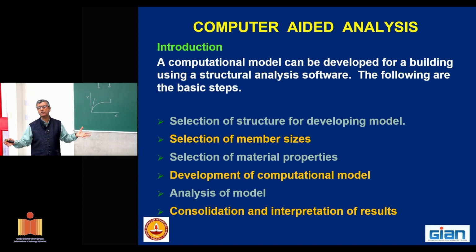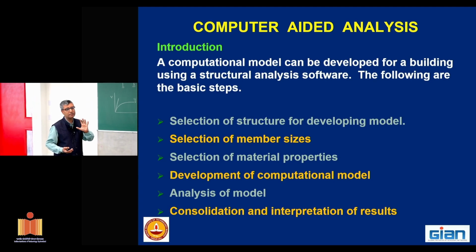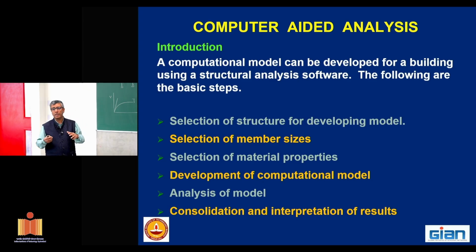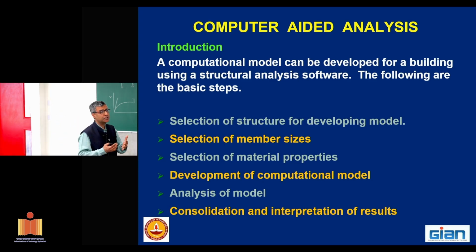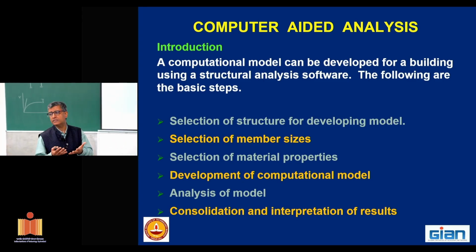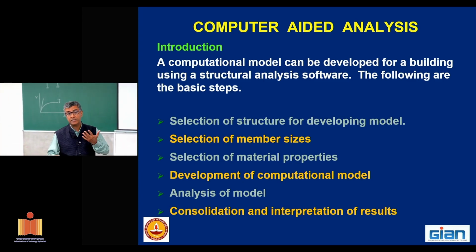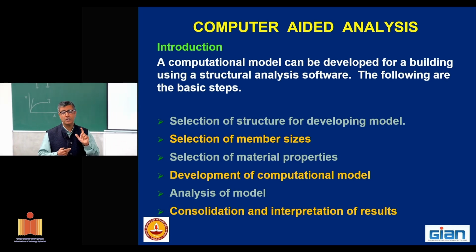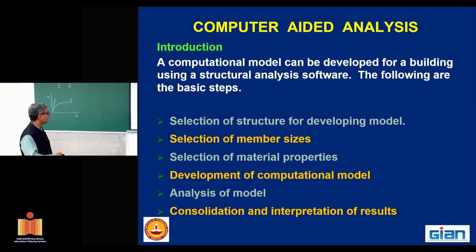The architect will give you a functional building, like this is a complete building, but from there you have to extract the main structural skeleton, which you are going to model. Now, if it is an emulative connection in precast, then the model for cast-in-place and precast is similar. But if it is a jointed system, as I mentioned on the first day, then you have to be careful how you model the connections.